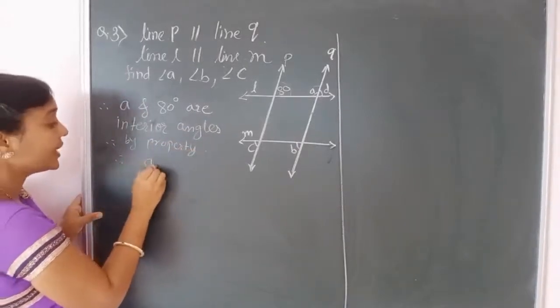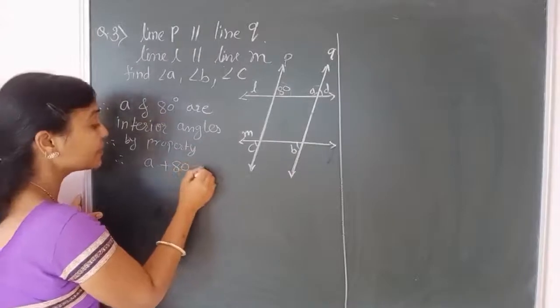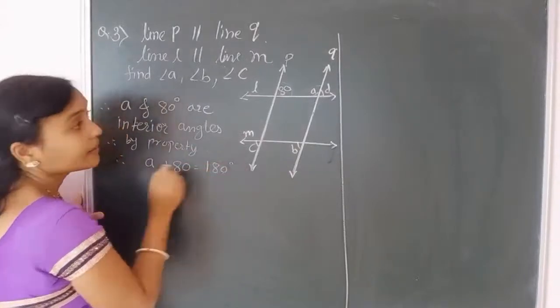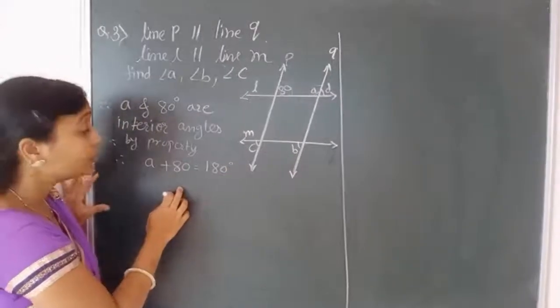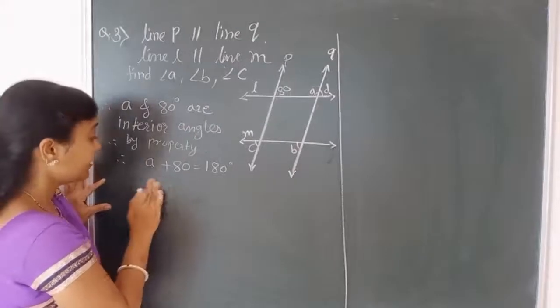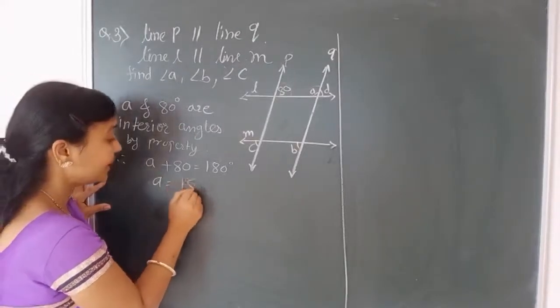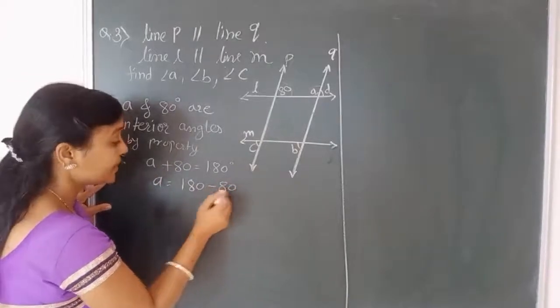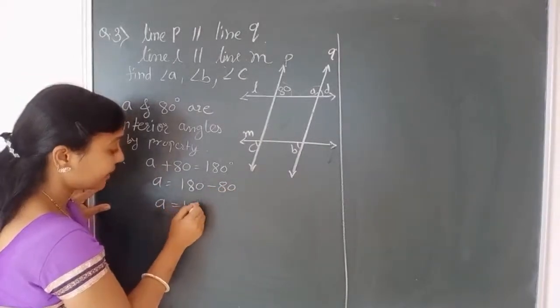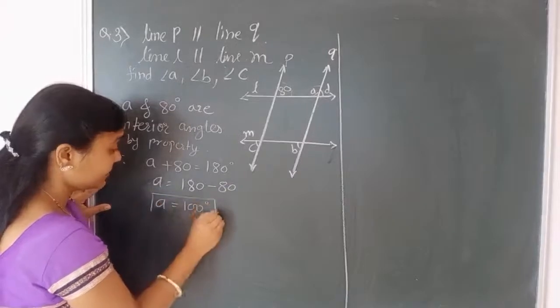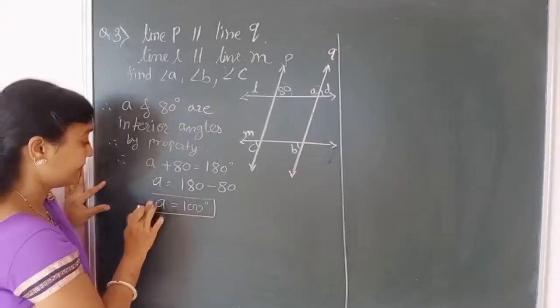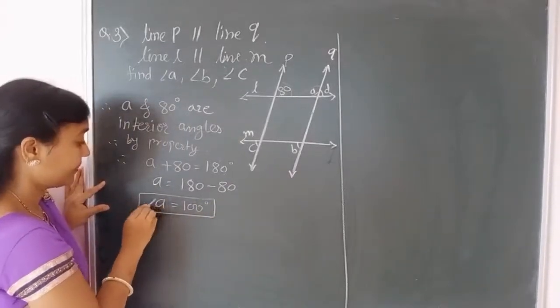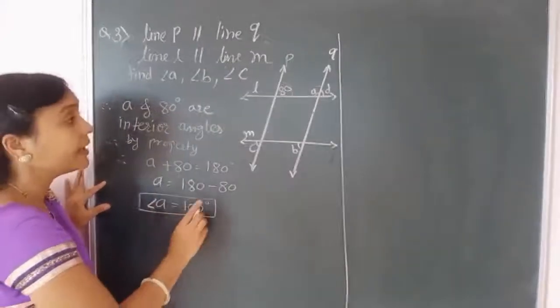So we write down angle A plus 80 is equal to 180 degree. From this, we find out the value of A. A is equal to 180 minus 80. A is equal to 100 degree. This is the angle A. Angle A is equal to 100 degree.